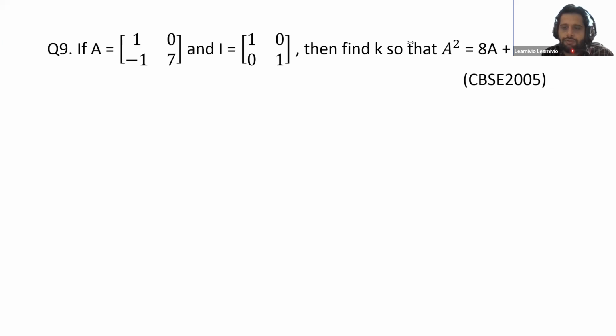Okay, so we don't need to find A, B, C, D. K is a scalar. K is not a matrix. K is a scalar. Okay, so I will help you for this one.